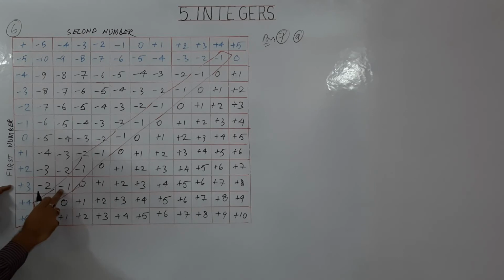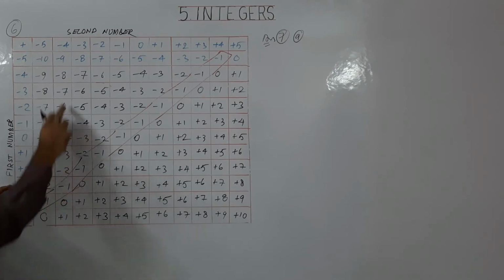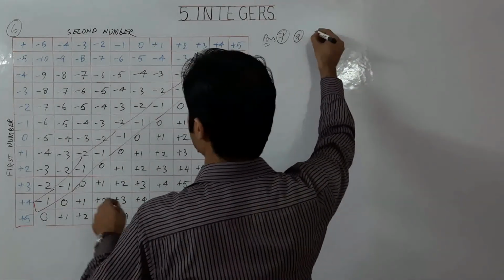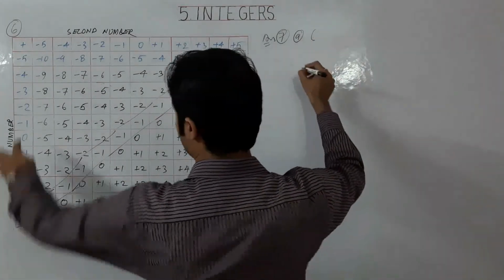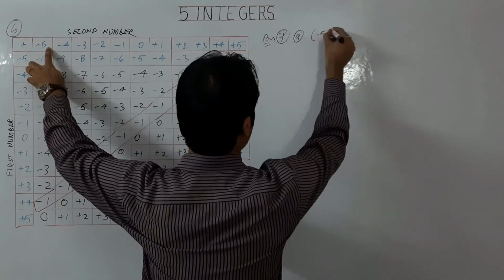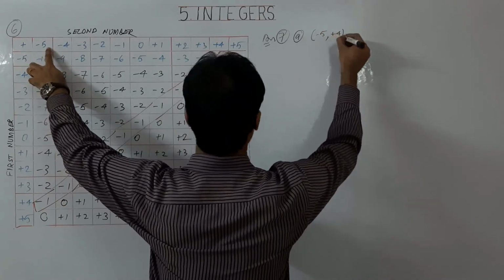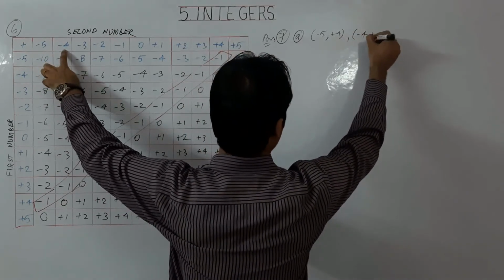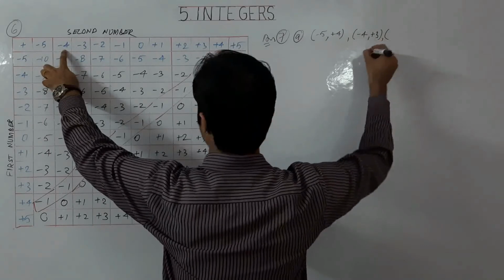Then this is the second number, +3, -4. So all the possible numbers, starting from first column, -5 +4, then -4 +3.